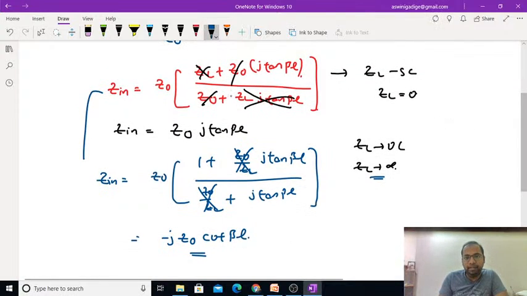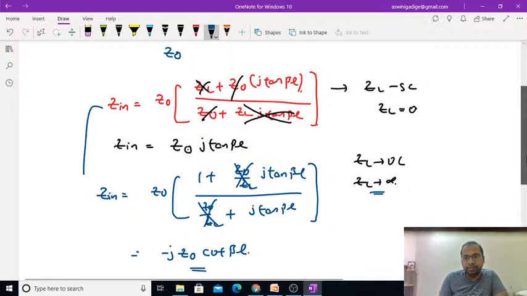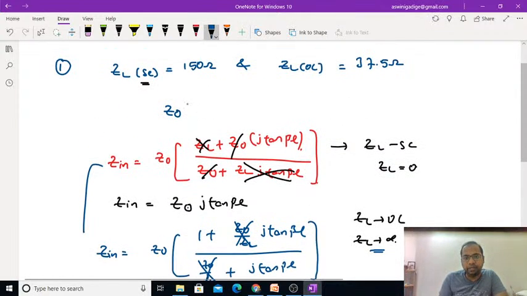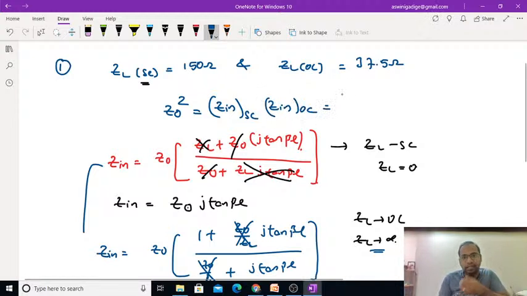Now if I multiply both these expressions, for the short circuited load and the open circuited load, I get Z0 square is equal to the input impedance for the short circuit into the input impedance for the open circuit.